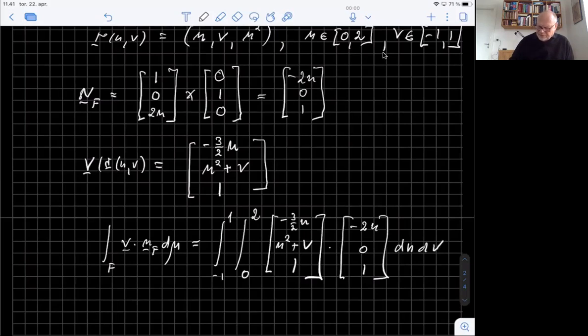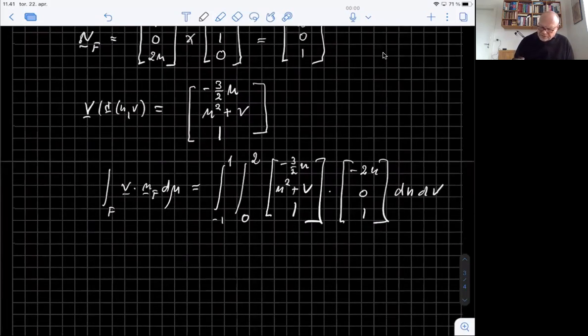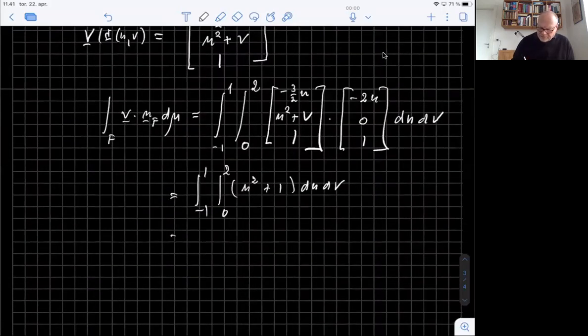So you have to compute this integral, and you do the dot product, so you get that it will be -1 to 1 and 0 to 2, and then the integrand is 3u squared plus 1. Integrate with respect to u and with respect to v.